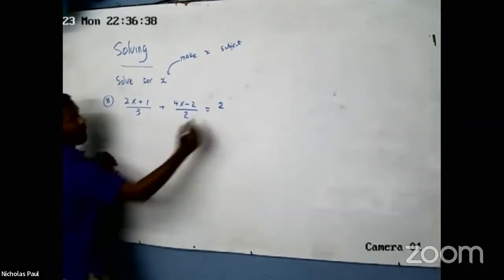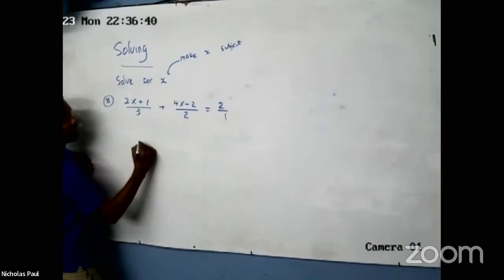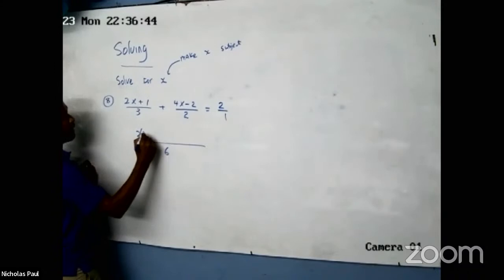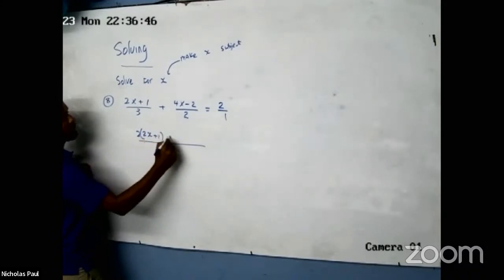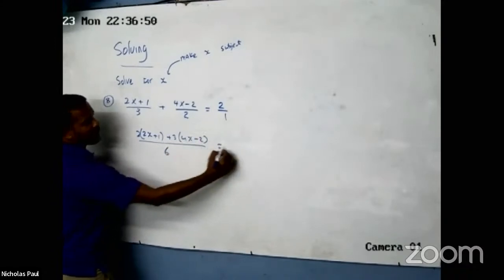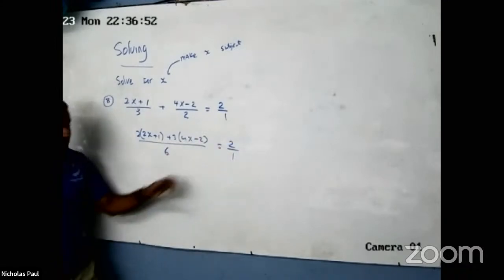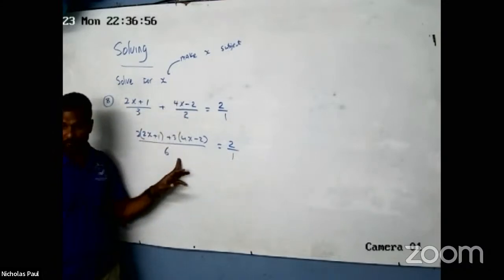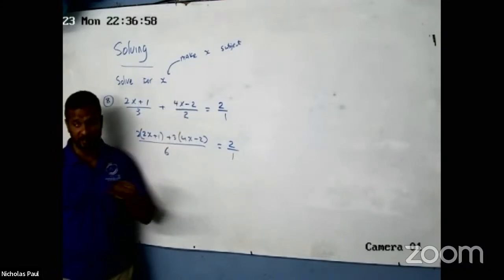So I'm simplifying here first, everything over 6. 2 by 2x plus 1, 3 by 4x minus 2 is equal to 2/1. So that's correct, I'm not leaving it out. Although I'm working out here, I'm not leaving it out. At no point am I leaving it out.